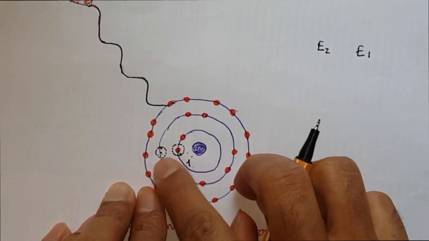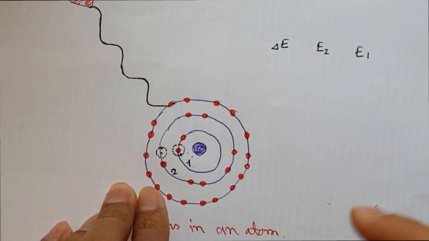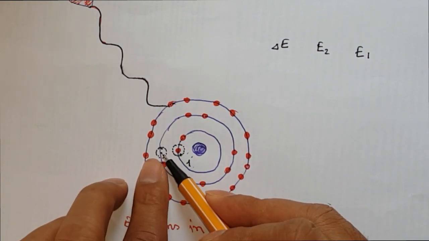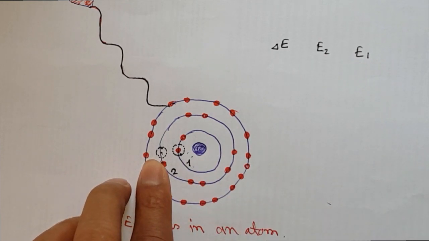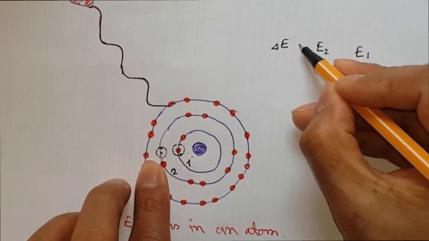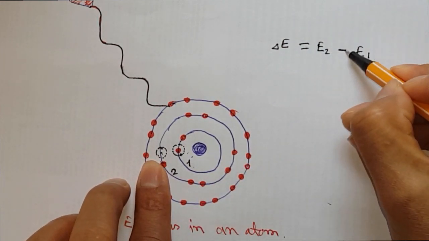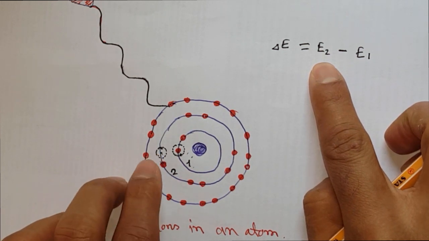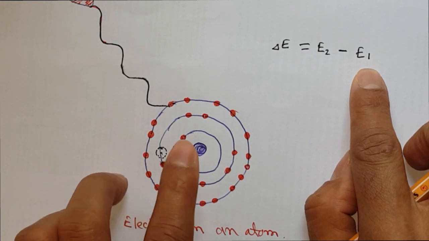And the energy difference between the two orbitals is delta E. So how much energy will this electron release when it transfers from the second orbital to the first orbital? The energy difference is delta E equals E2 minus E1. E2 represents the energy of one electron in the second orbital, and E1 represents the electron energy in the first orbital.